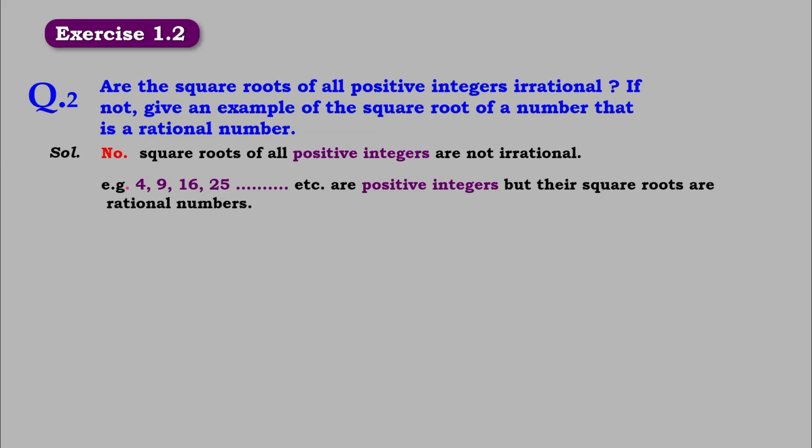For example, 4, 9, 16, 25, etc. are positive integers, but their square roots are rational numbers, because the square root of 4 gives us 2, the square root of 9 gives us 3, the square root of 16 gives us 4, and the square root of 25 gives us 5. So all these are rational numbers.